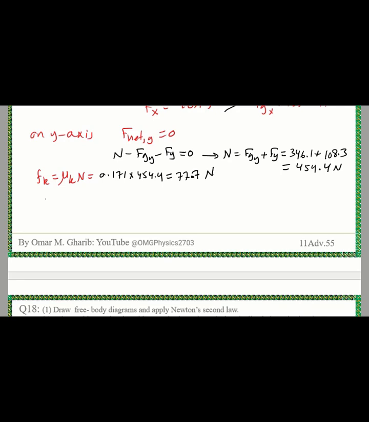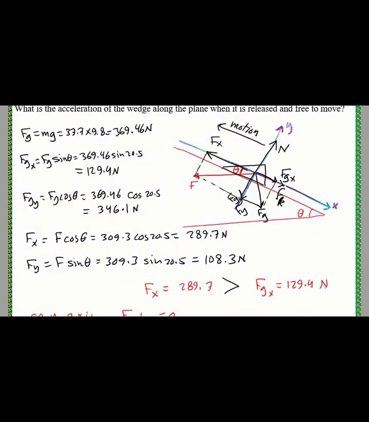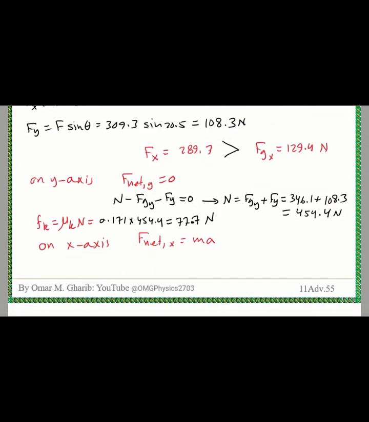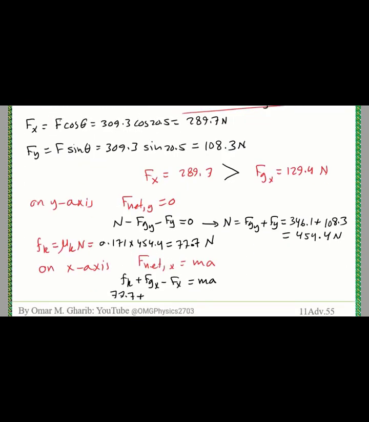Now go to the x-axis. On the x-axis, put Newton's second law. On the x-axis, we have three forces: Fk and Fgx to the right, Fx to the left. So Fk plus Fgx minus Fx equals m times a. Fk is 77.7. Fgx is 129.4.